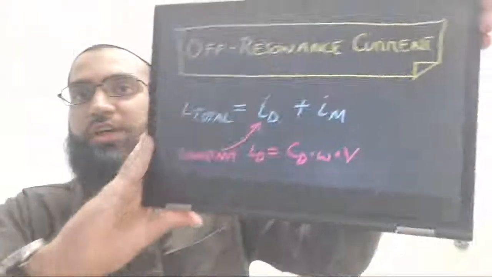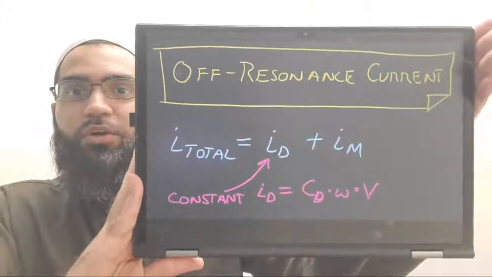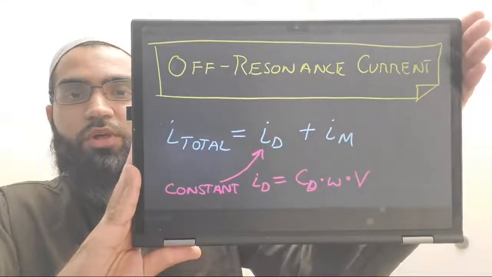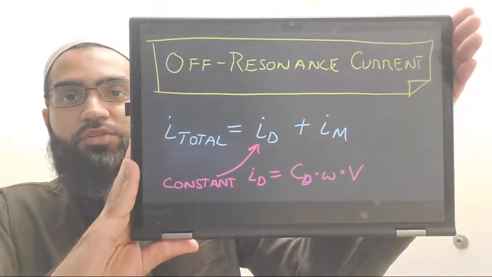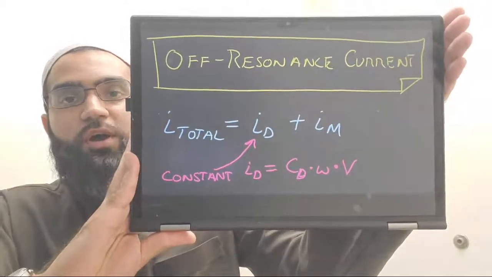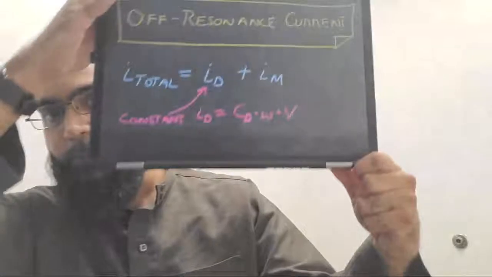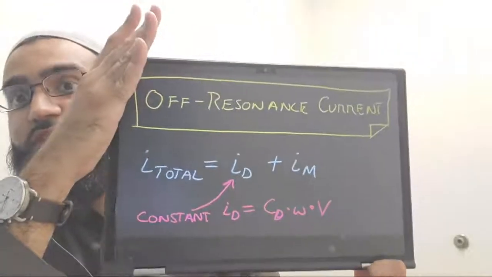So let's take a look at that fact a little bit closer, not upside down, but right side up. So the total current is equal to I_D, which is the dielectric current, plus I_M, which is the mechanical current. This can also be said to be true for resonance, but there are going to be some phase angles involved in that case.